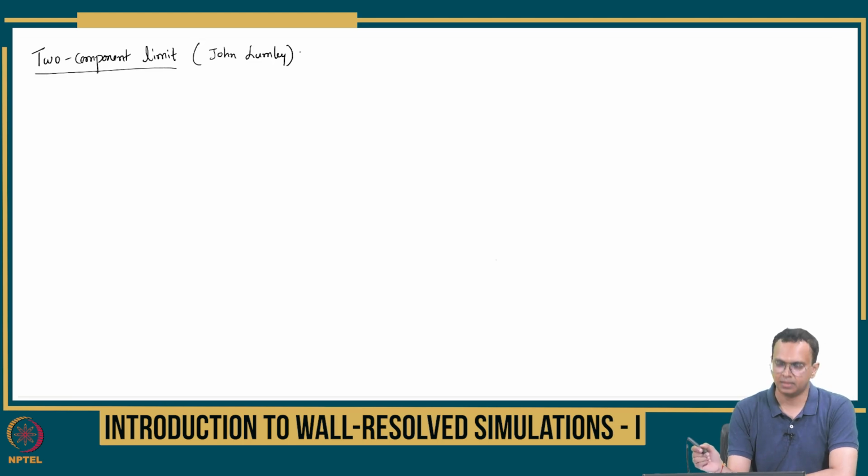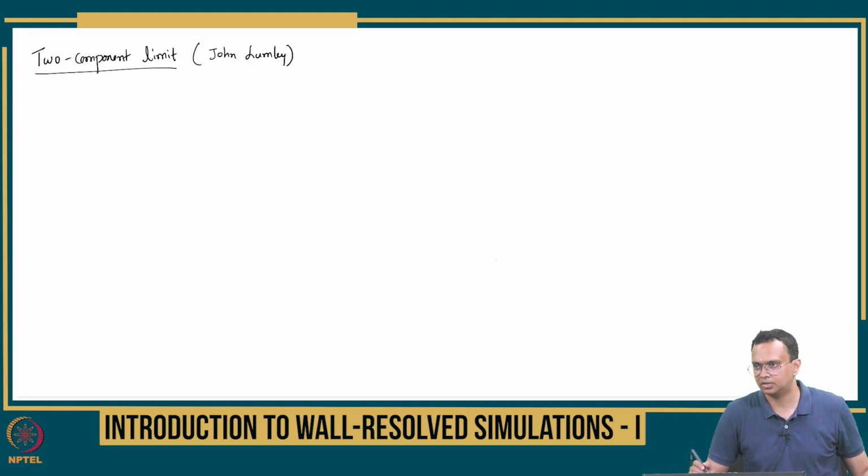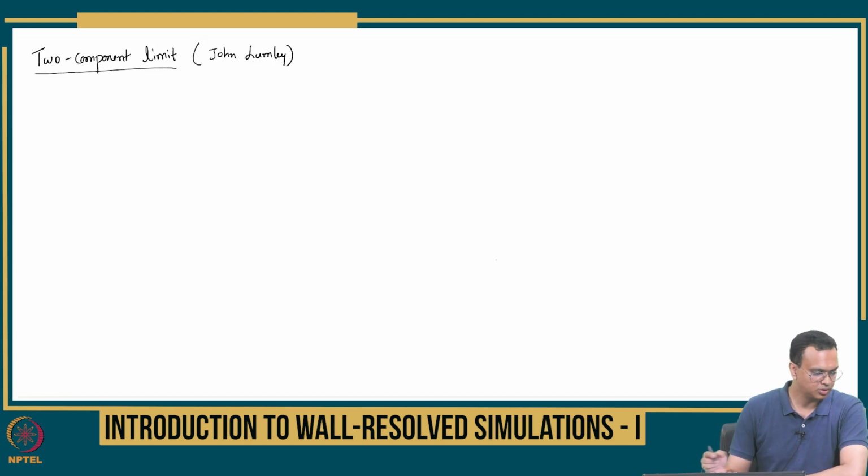So this two component limit, what does this say? That means two components are behaving in one fashion in a wall bounded flow rather than the other component. That is, the wall parallel components are damping in one fashion, and the wall normal turbulent quantity is damping with a different behavior. So this state of turbulence is called two component limit.